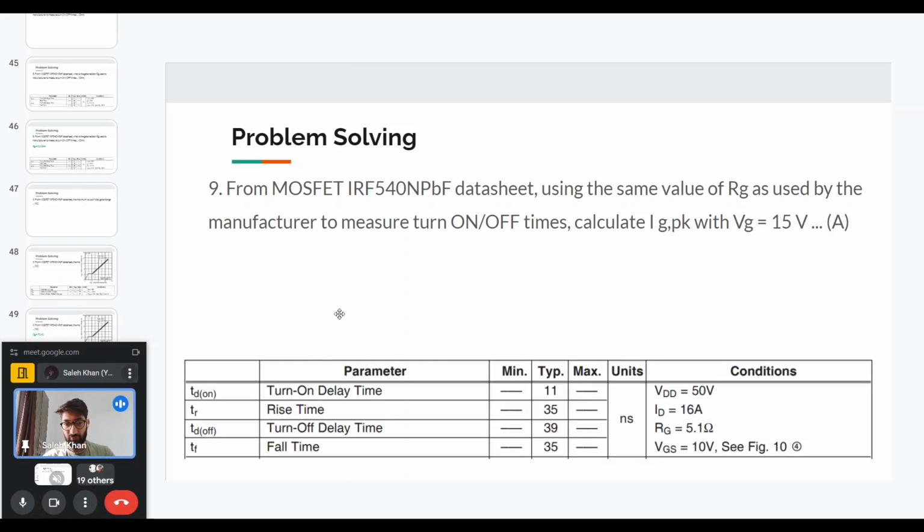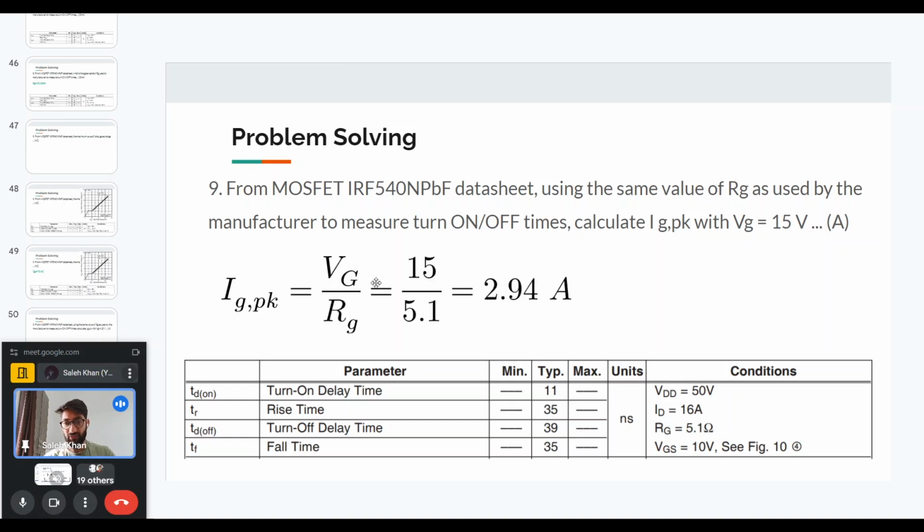So this calculation is very simple. Again, we see from the data sheet, the RG was 5.1 ohm. So based on the 15 volt gate voltage that we provide and the 5 ohm gate resistance, we will get a peak gate current of around 3 amperes, so 2.94 amperes.